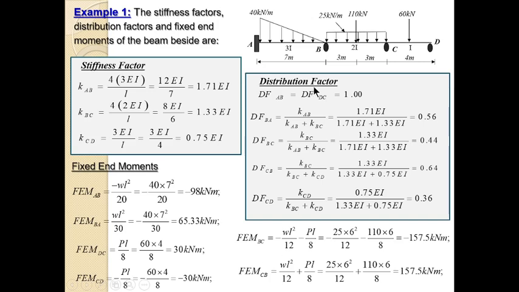So we kept span BC to be calculated last, because you notice span BC is handling two sets of load, a UDL with magnitude 20 kilonewton per meter and a point load at midspan with magnitude 110 kilonewton. Like we said, in such a case, you add the fixed end moments of the two sets of load.